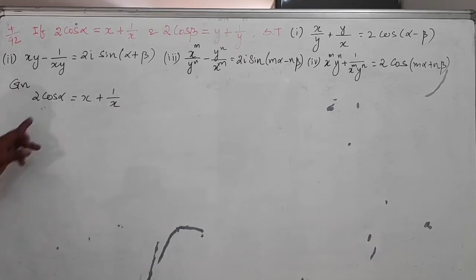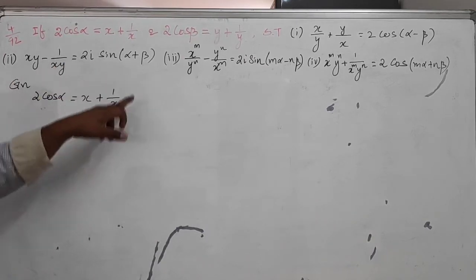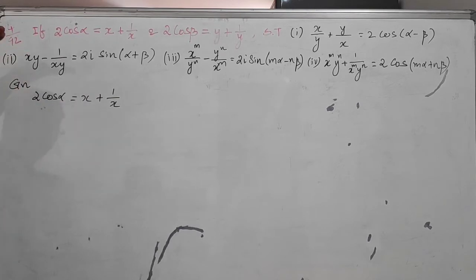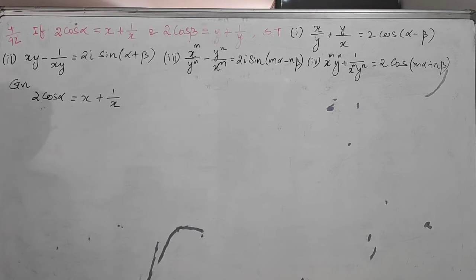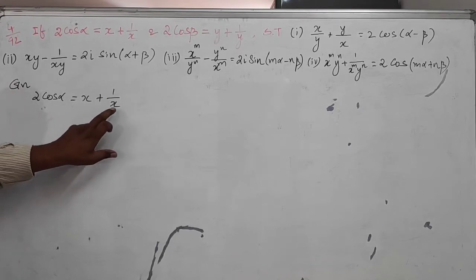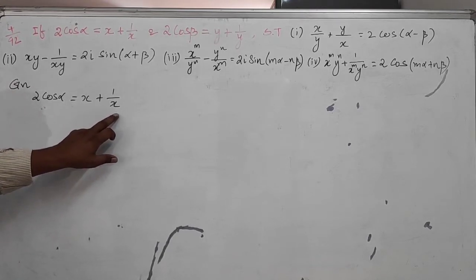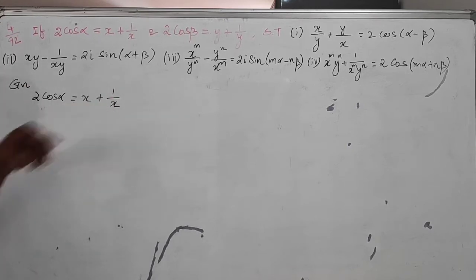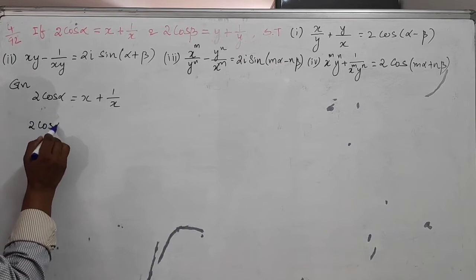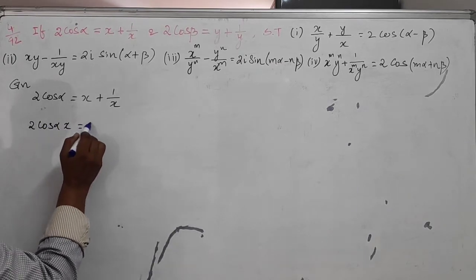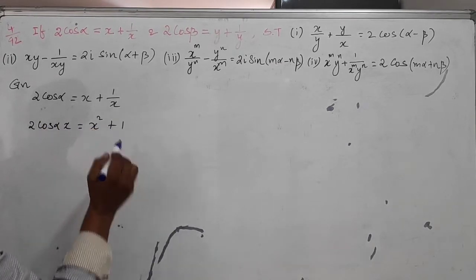Now here we need to find the value of x, so we try to solve this equation. First of all you have to bring this equation into standard form, meaning in the denominator you should not have variable x. Try to remove it. Therefore, multiply by x, you can get 2 cos alpha x is equal to x square plus 1.